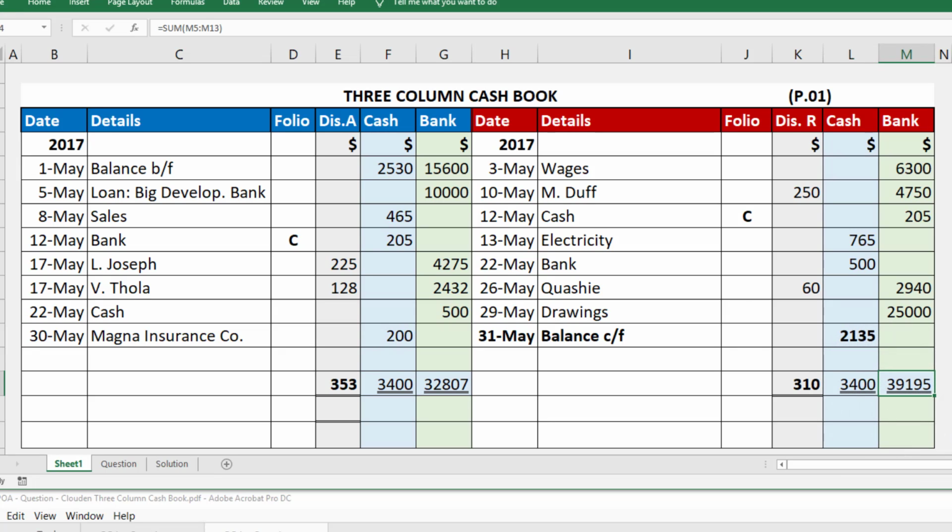It's 39,195. So here we see that the credit side is bigger than the debit, meaning we had more payments than receipts. It means our balance would be on this side for the bank, on the debit side. 31st May.